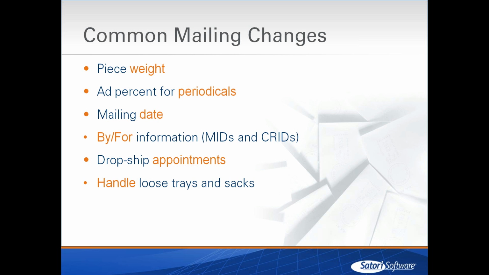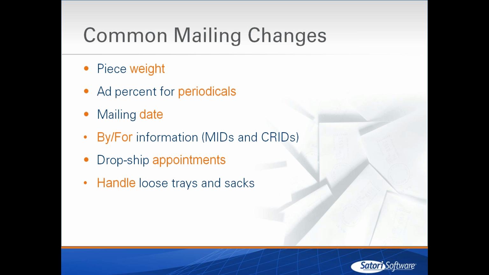Another thing that can happen is maybe you decide that you want to change how you're going to be doing your drop shipment. So maybe after preparing the mailing, you figure out you only have a half a pallet going to a certain destination, and you don't think that the cost really justifies doing that drop shipment. So you may want to change your documentation to match that.